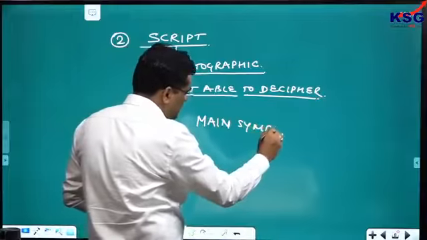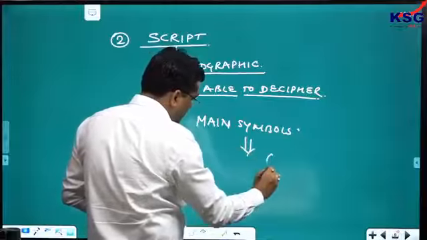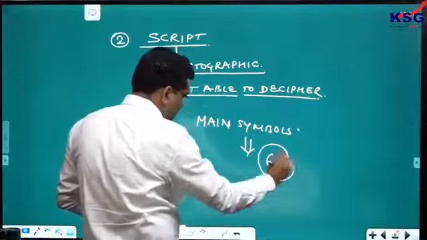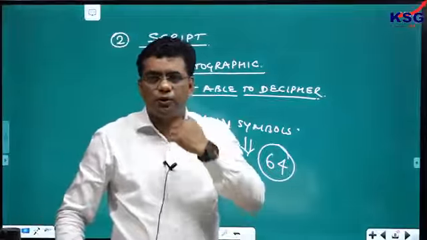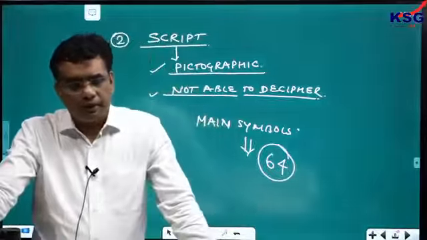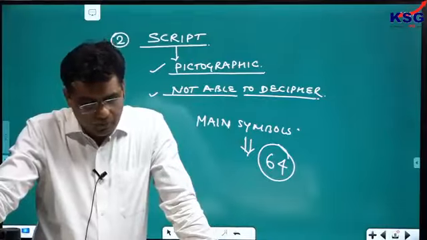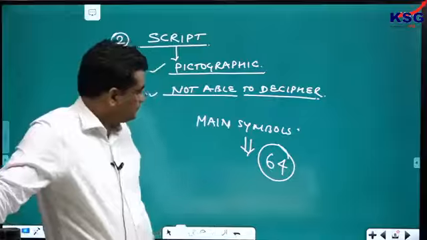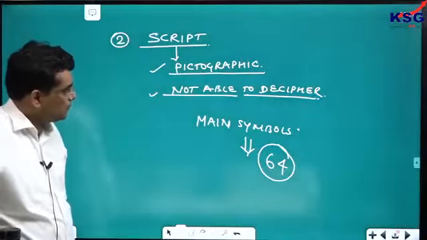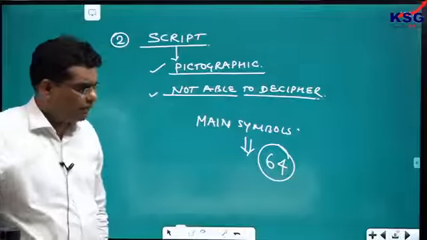The main letters were only 64, and these 64 symbols were used to express meaning. Till date we are not able to decipher the script.